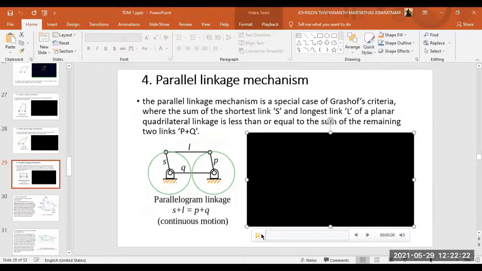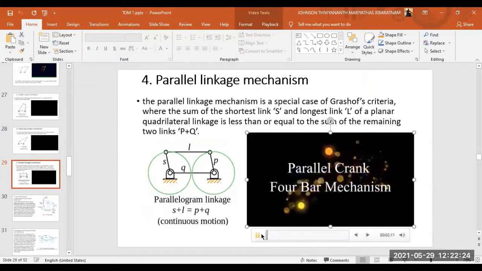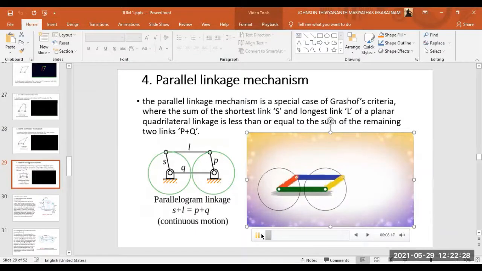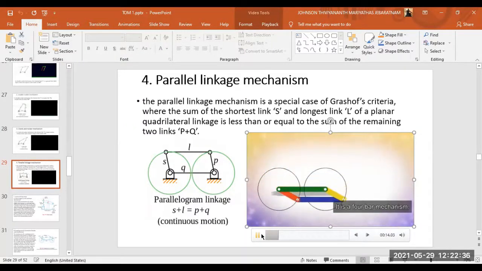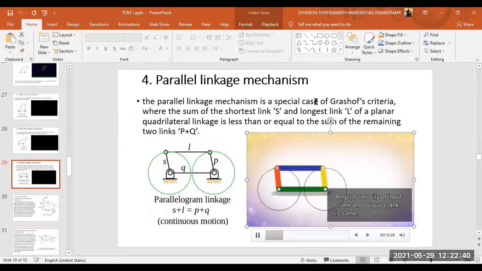And this is the last specific type, right? The parallel crank mechanism, right? This is also a double crank, right? This is also a double crank, but this is a parallel crank, right? These two cranks will not intersect each other. The parallel linkage mechanism is a special case of the Grashof criteria. This is special.